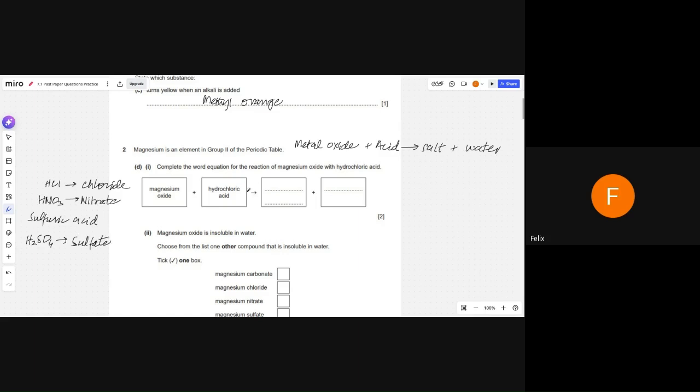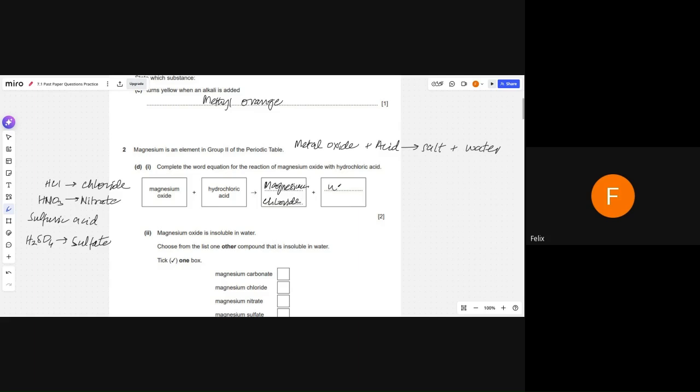Here, since we have hydrochloric acid and magnesium oxide, remember the metal from the oxide will combine with the non-metal part of the acid, except for hydrogen. So it will be magnesium chloride.